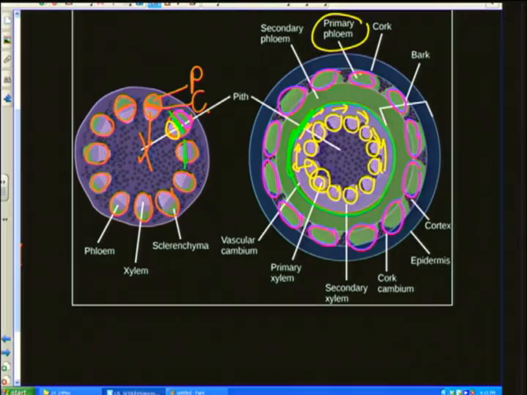What does it do? It makes new xylem, so the old xylem gets pushed further inside. This is new xylem, and it's going to make new phloem on the other side. So there's the old, and this is the new. The new is called secondary xylem. It wasn't the original one there. It was there secondly. I know that is totally grammatically incorrect, but it was afterwards.